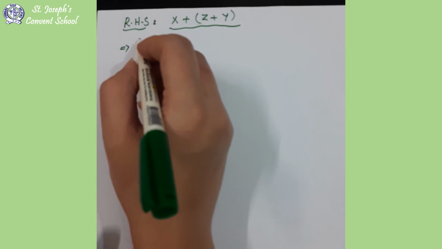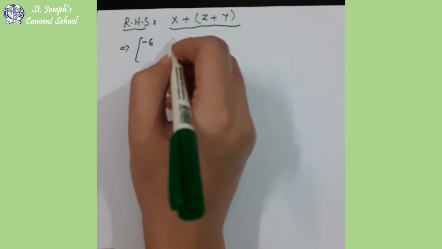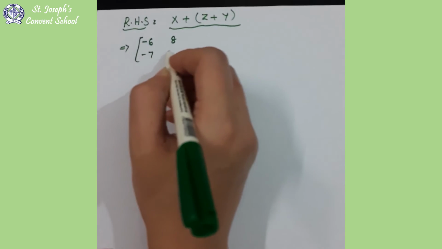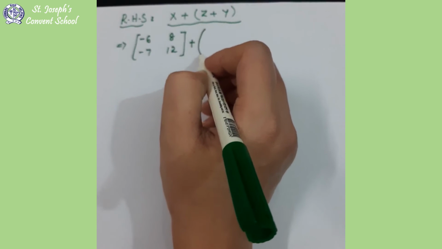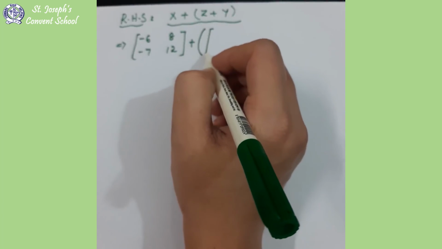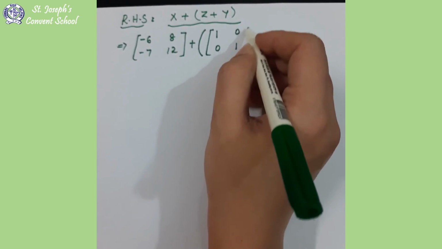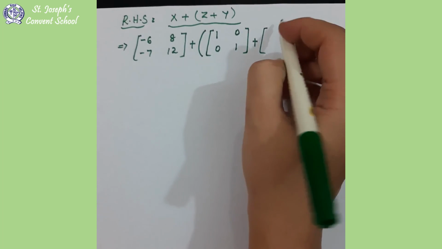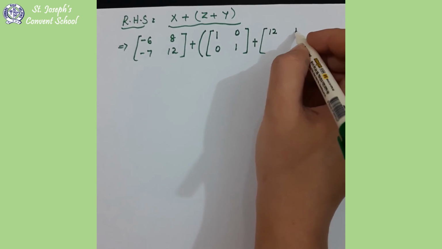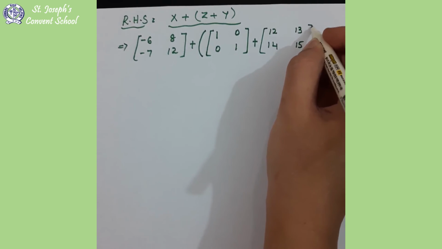Value of x is minus 6, 8, minus 7 and 12. Then plus bracket value of z. Matrix z is 1, 0, 0, 1. Plus matrix y is 12, 13, 14 and 15.